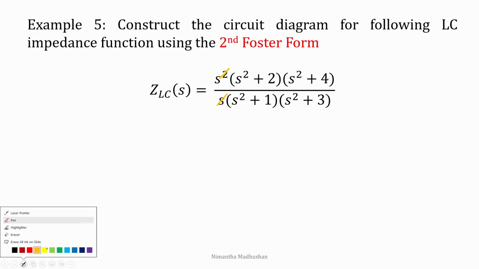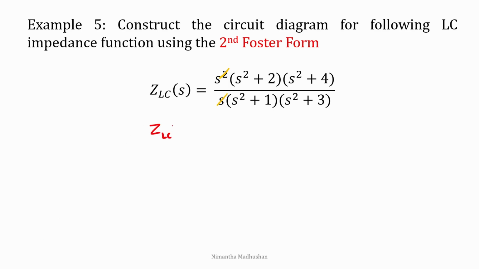Then we can write the impedance function again: Z_LC is equal to s times (s squared plus 2)(s squared plus 4) in the numerator, and the denominator (s squared plus 1)(s squared plus 3). This is the simplified impedance function.